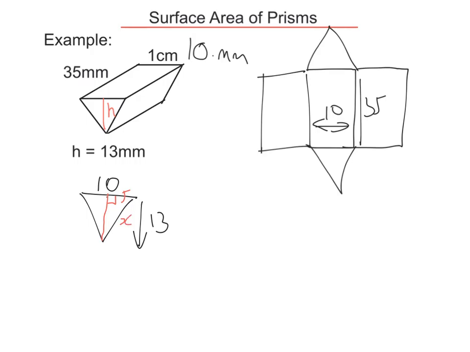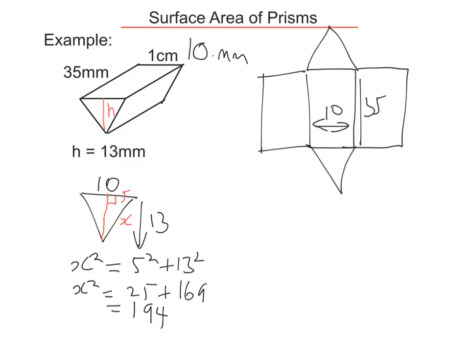So let's work that out. x squared equals 5 squared plus 13 squared, so that's using c squared equals a squared plus b squared. x squared will be 25 plus 169, which will equal 194. And I need to do the square root of both sides to find x.